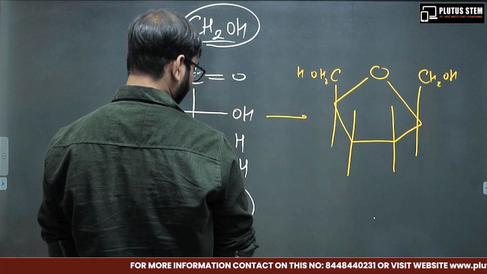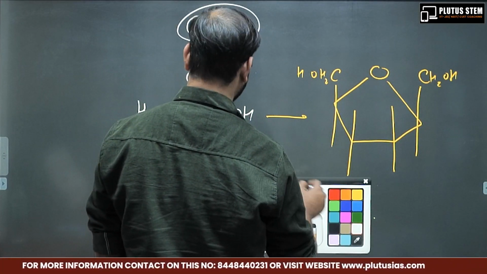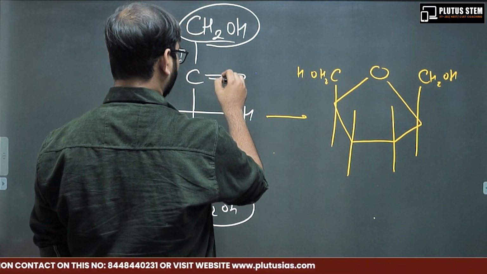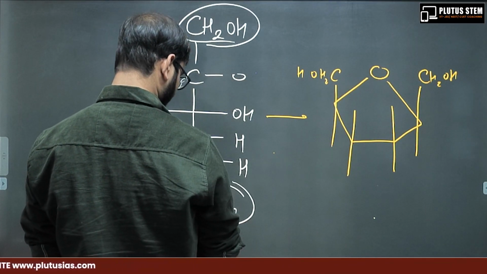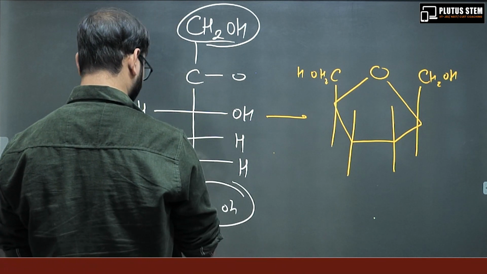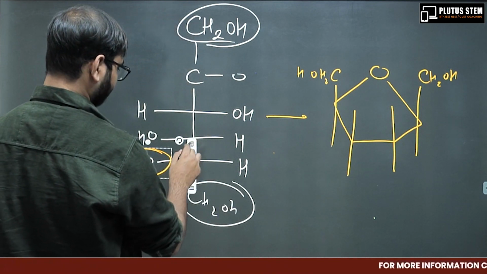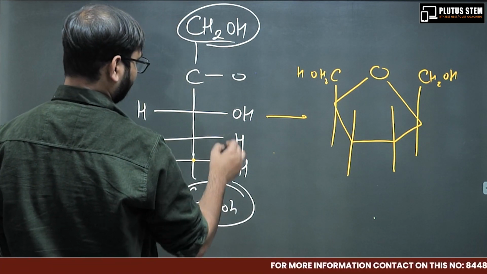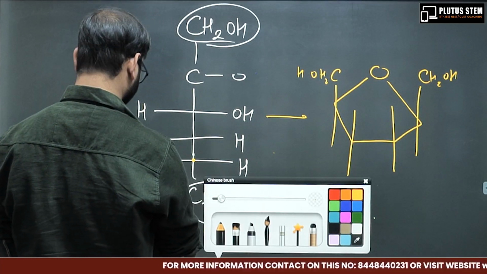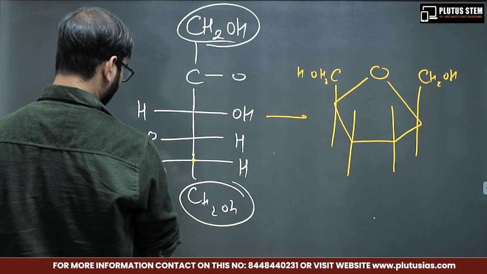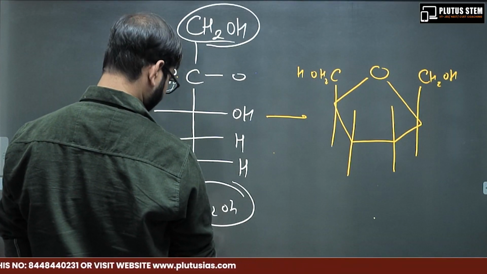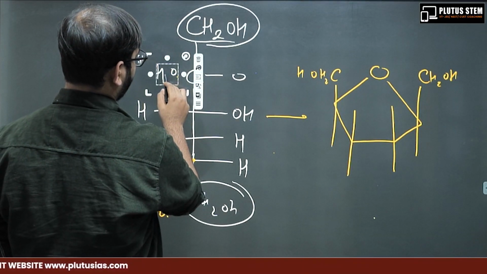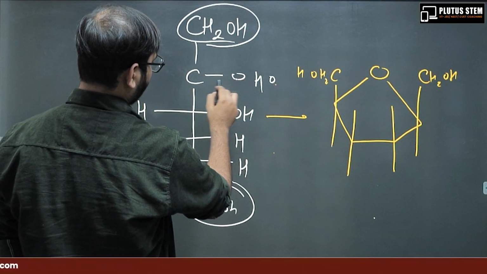Now I'm assuming that here the OH is lying outside of the ring. That the OH I am forming, let's currently remove this one. I'm assuming that the OH group is here. Wait, it shouldn't be here, it should be here.